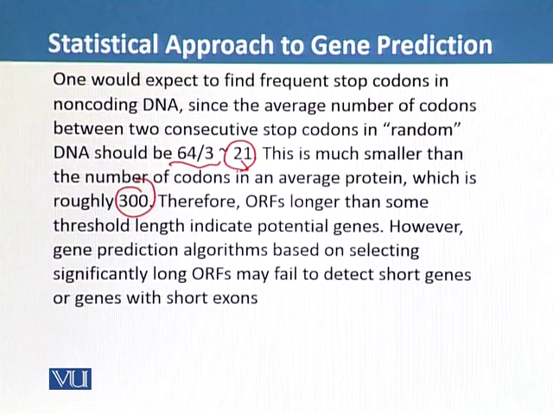Therefore, open reading frames longer than some threshold length indicate potential genes. However, gene prediction algorithms based on selecting significantly long open reading frames may fail to detect short genes or genes with short exons. So the problem is that, by using this approach, we have to consider short open reading frames instead of long reading frames.